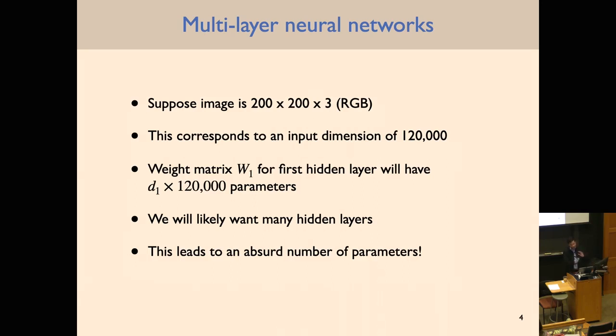If you have larger images, or deeper neural networks, or if D1 is anything reasonable, even if D1 is 100, you're already at like a million parameters, or I guess if it's 1,000, you're already at a million parameters.